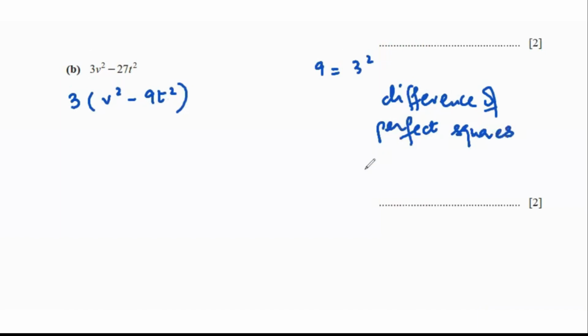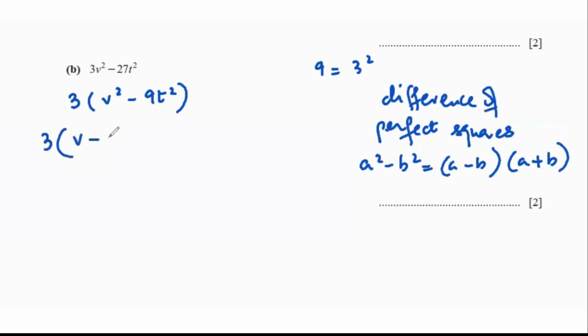Difference of perfect squares has the formula a square minus b square equals a minus b times a plus b, which means in our case it's going to be V minus 3T times V plus 3T. A is V and b is 3T. So that's your factorized version.